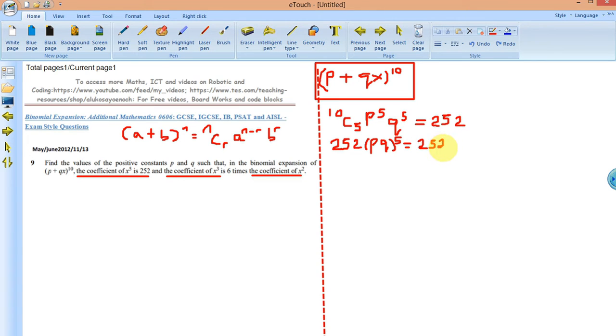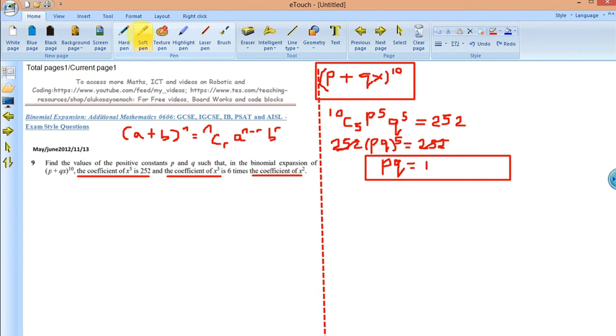So I can cancel this one here. Finally I end up with pq equals 1, then fifth root of 1, that is 1. So pq equals 1. Let's keep this one; we can call this equation 1. This is the resulting equation from the first information given by the examiner.